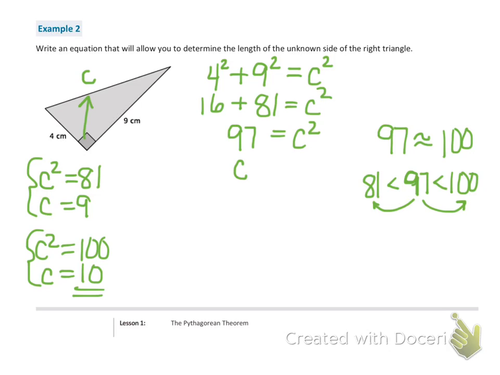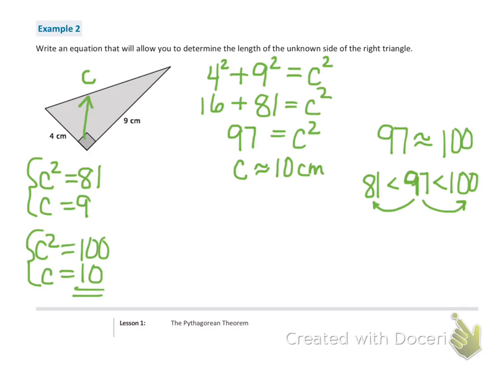So I would write C is approximately 10 centimeters for this triangle. But I can get even closer. And for this I would encourage you to use a calculator.